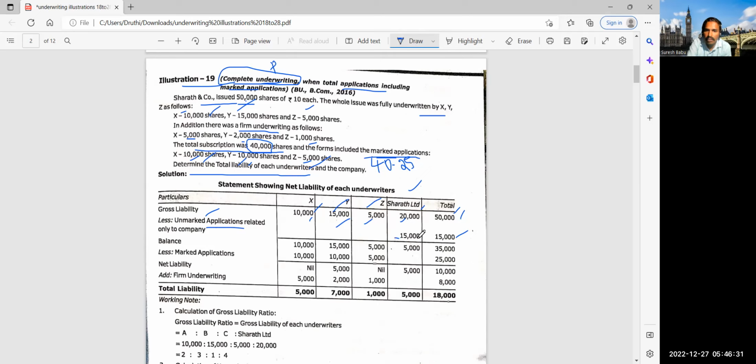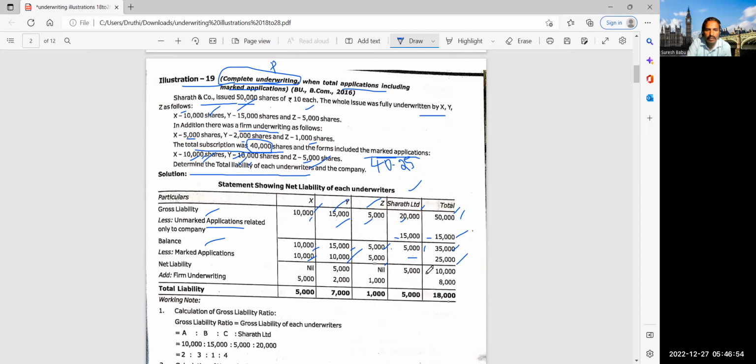So in the company's column, minus 15,000, you get the balance: 10,000, 15,000, 5,000 and 5,000, total 35,000 being left. Now let's mark the applications: X 10,000, Y 10,000, Z 5,000, company 0.